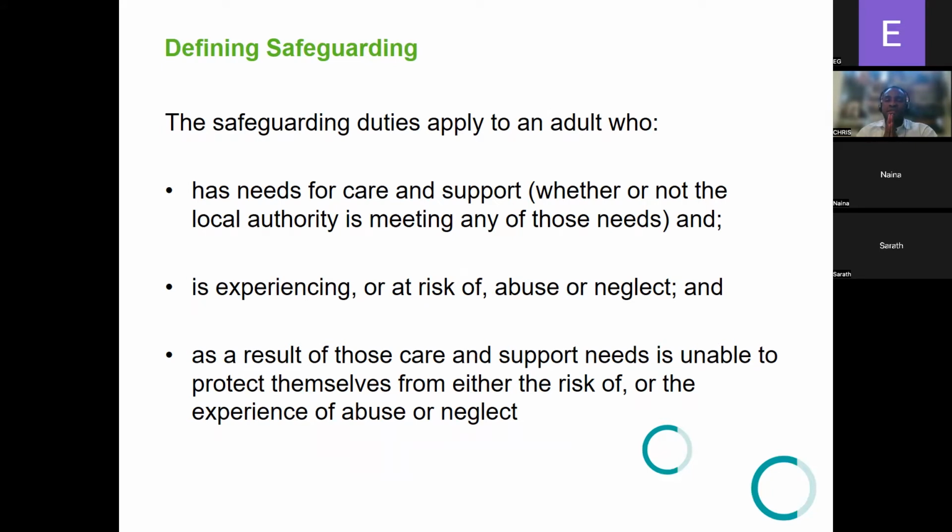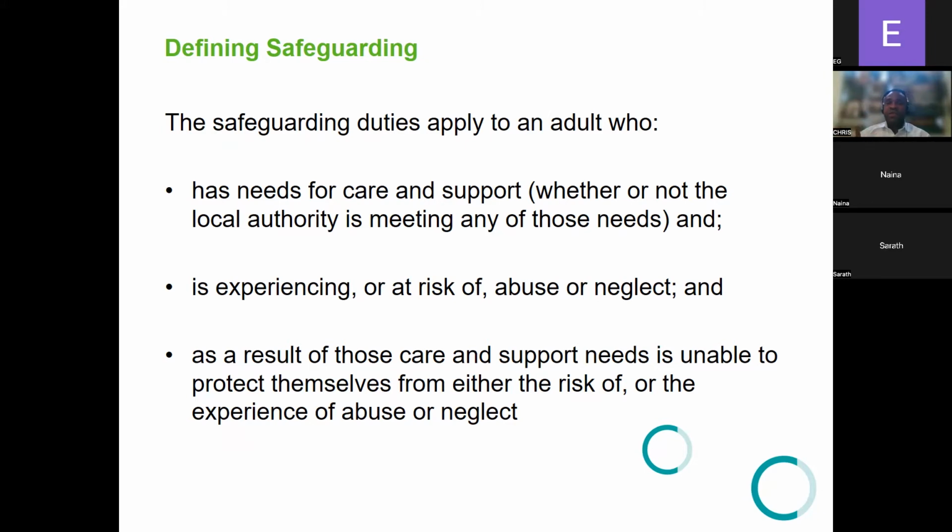Whether or not the local authority is meeting any of those needs, the most important thing is that this person is an adult and depends on health care workers for their care and support. That is one of the people who needs to be safeguarded. They come under the terminology vulnerable adults.